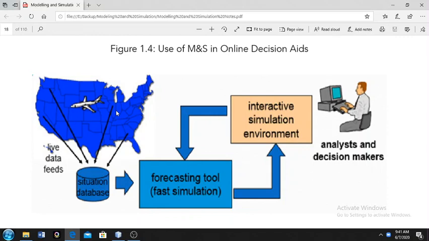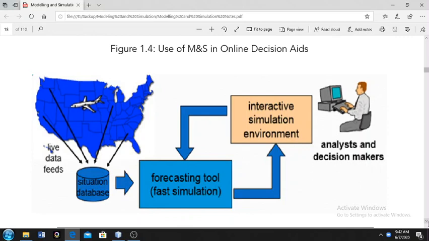Simulation helps to mitigate this risk. So you can simulate an aircraft with a simulation system. Here we have analysts and decision makers who interact with the simulation system, and they read the output.